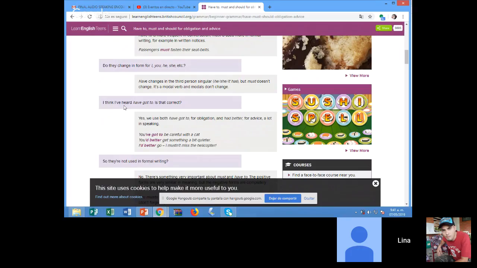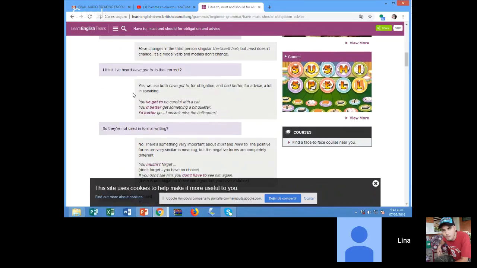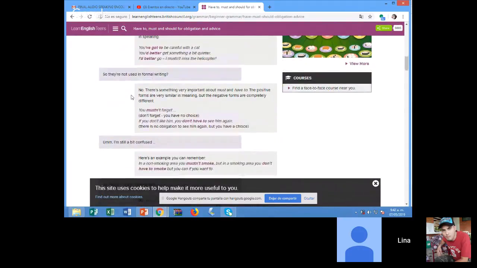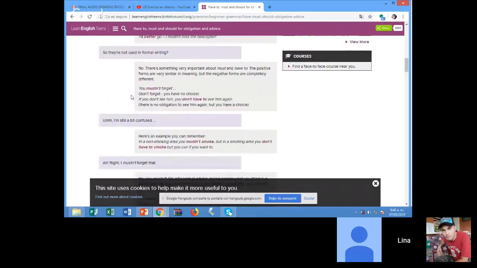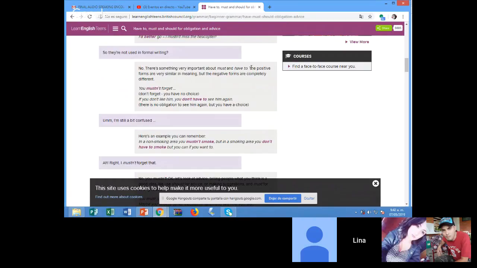I think I've heard "have got to." So we use both "have to" and "have got to" for obligation. But we don't have to check this one. There's something very important about must and have to.